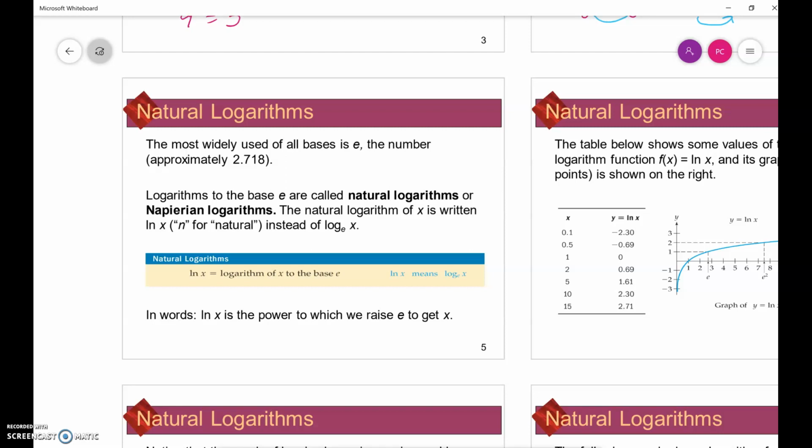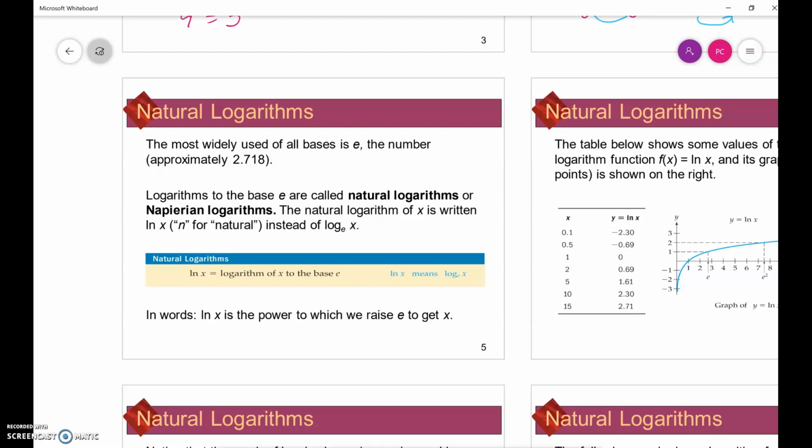The natural logarithm of x is written ln x, n for natural, instead of log base e. In other words, ln x is the power to which we raise e to get x.